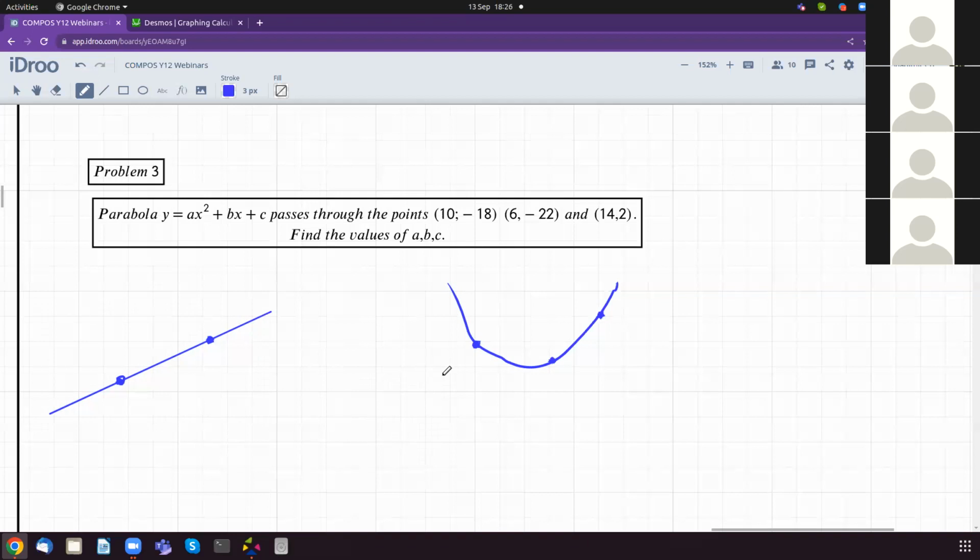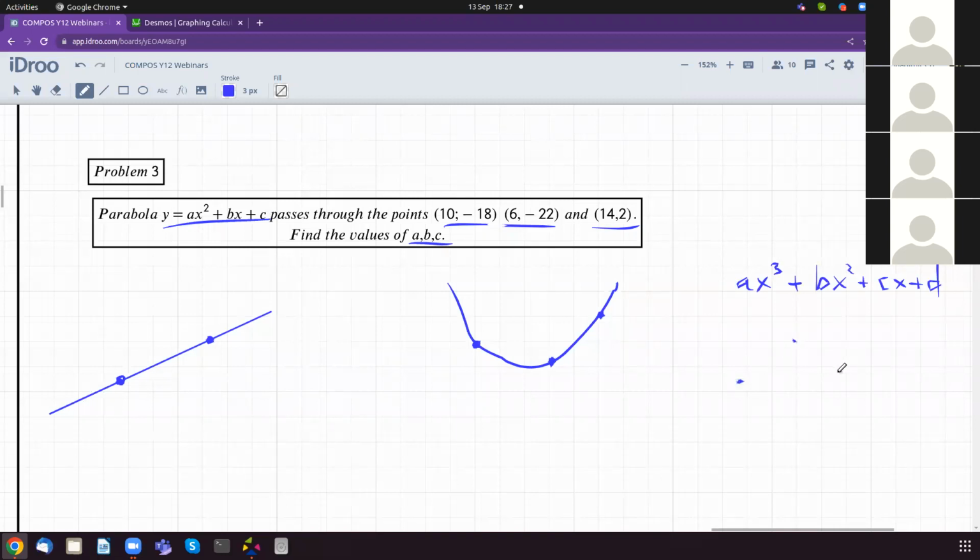And this is a bit of a fundamental here. That means if you have 3 points which are not on a straight line, there's exactly one set of values of a, b, and c that would satisfy this. And if you take a cubic function, like ax cubed plus bx squared plus cx plus d, you need 4 points.